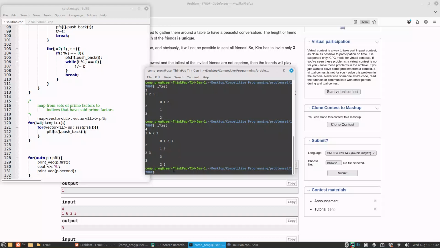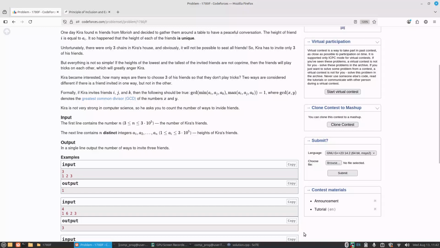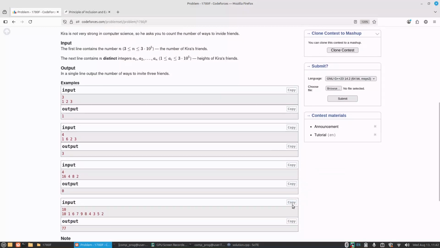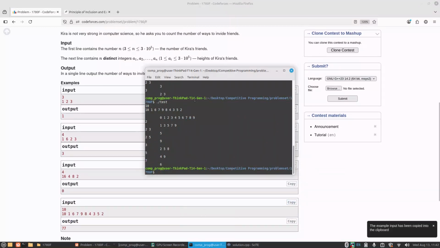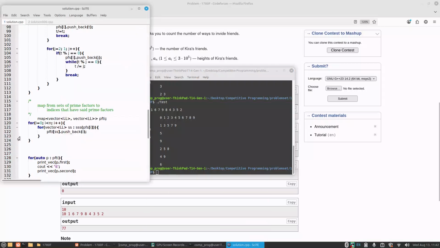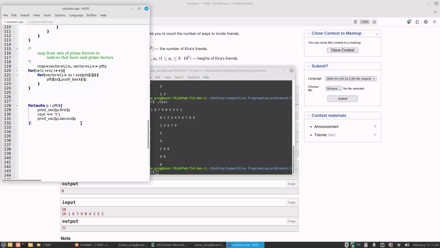Works out. And lastly, the big one. Yeah, it works exactly how you want it to, so I can erase that one there.